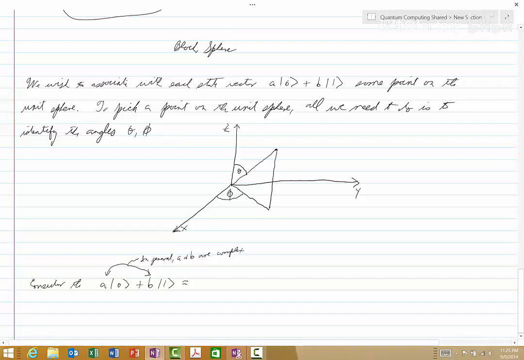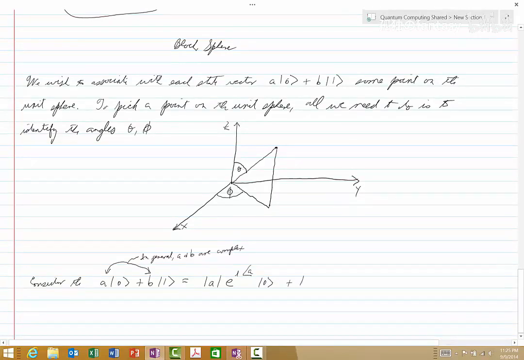In other words, our state vector could be written as the magnitude of A times e to the i phase of A times 0. And likewise, B could be written as the magnitude of B times e to the i phase of B times 1.